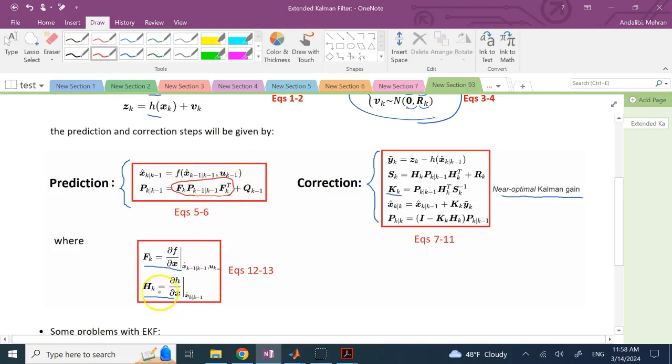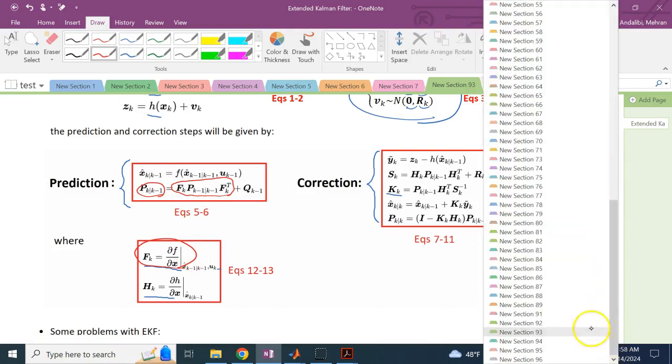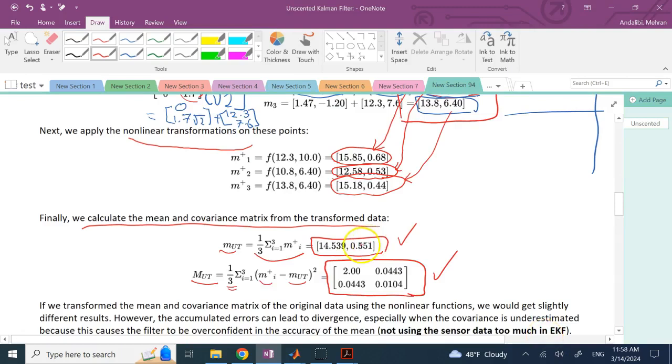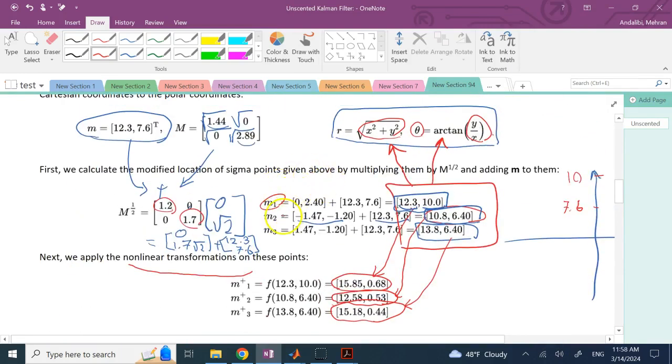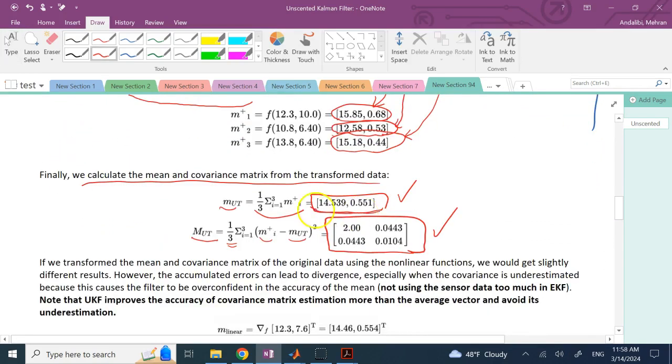I pre and post multiplied by the Jacobian f here. Here, I'm not going to do that. Instead, I'm going to pick my sigma points, transform them, and then from those transformed data, I'm going to calculate this new covariance matrix.